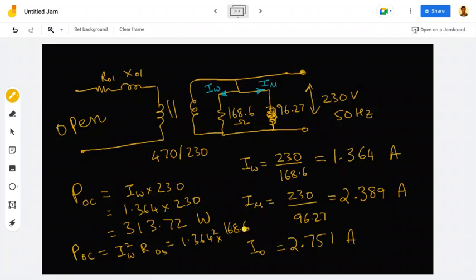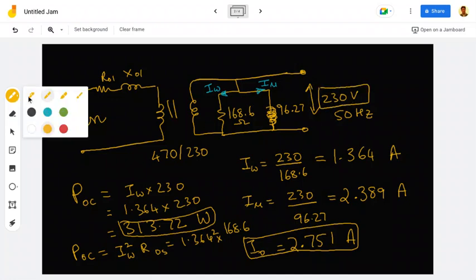Let's just verify. Exactly, I'm getting 313.6, but here 313.72. I'll go with this. So this is my answer. So these are my three answers.